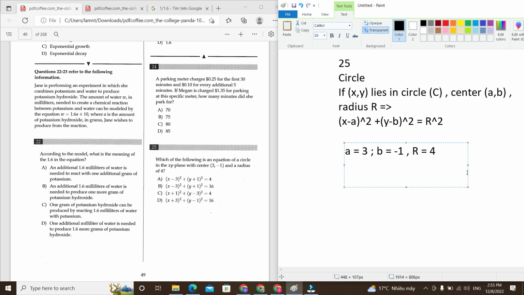So the equation should be (x minus 3) squared, (y minus minus 1), which is y plus 1, squared, equal to r squared. 4 squared is 16, right? So here obviously the answer is going to be B. 25 should be B.